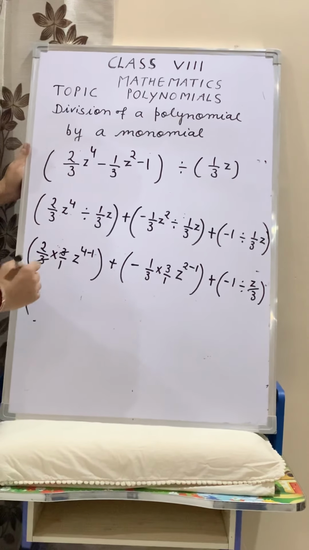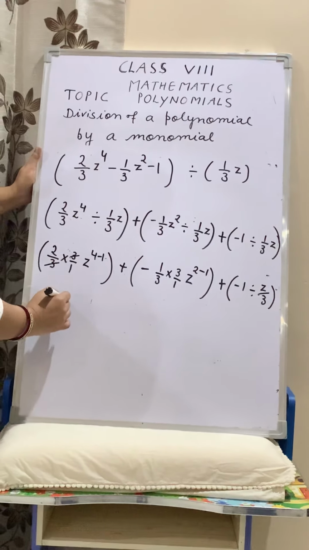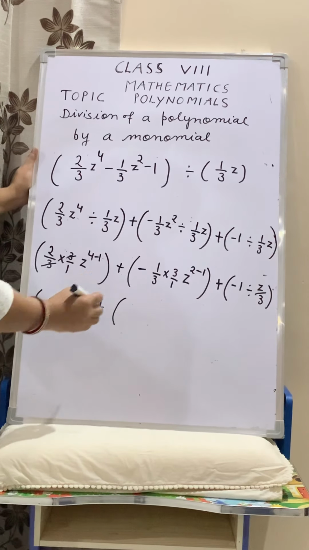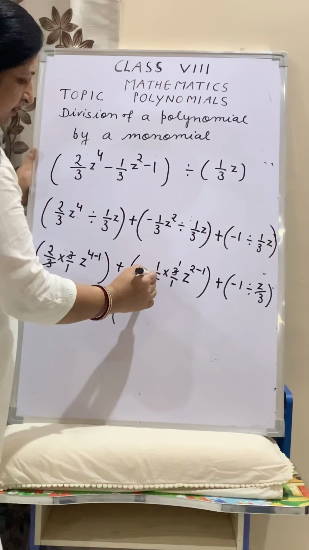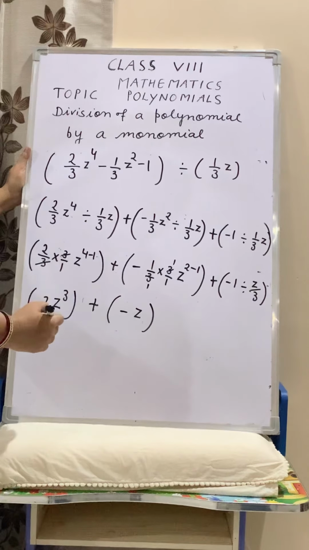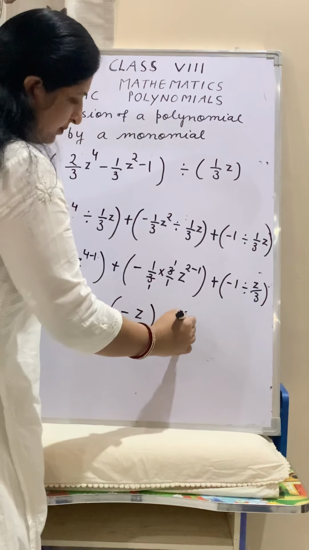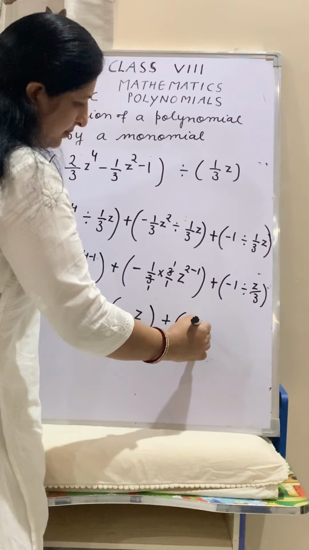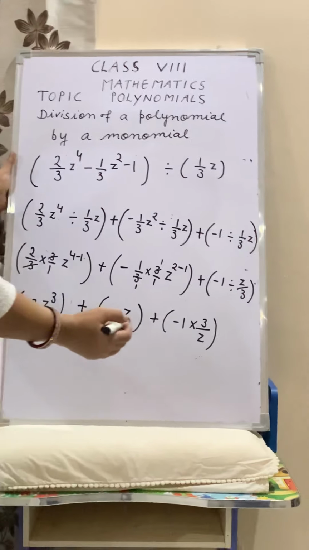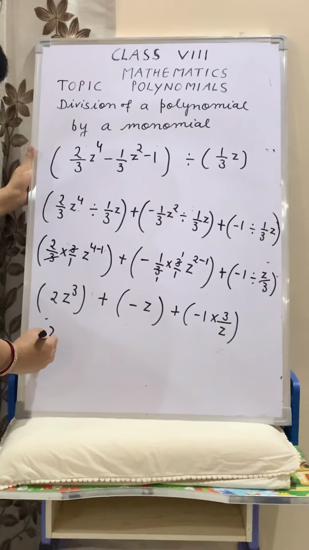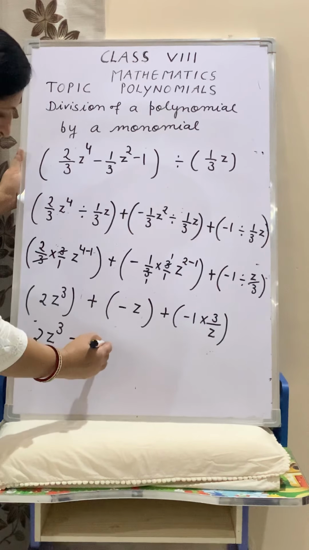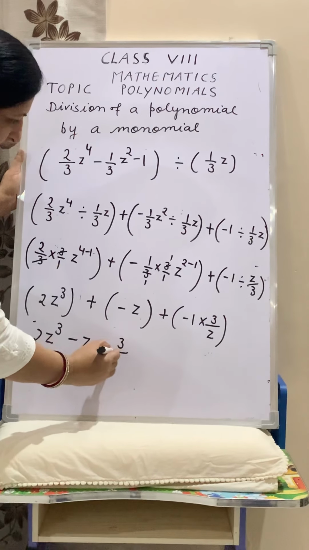Cut the 3 with the 3, it is 2 z raised to power 3 plus 3 and 3 cut, it is minus z, and plus minus 1 multiply by 3 by z. 2 z raised to power 3 minus z and minus 3 by z.